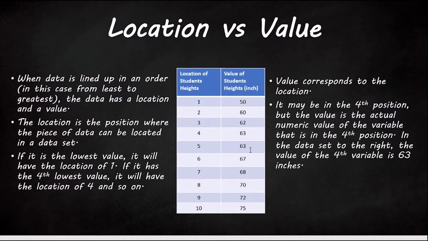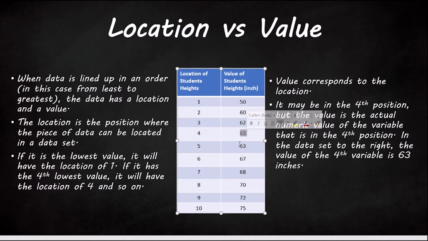It may be in the fourth position, but the numeric value of the variable in that fourth position is actually going to be 63. So you have a position or a location, and then the actual value associated with it to the right hand side.